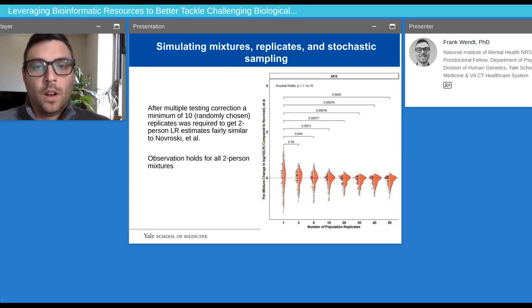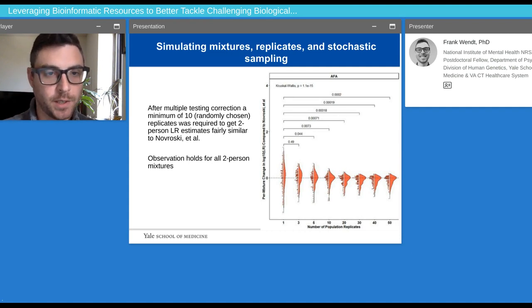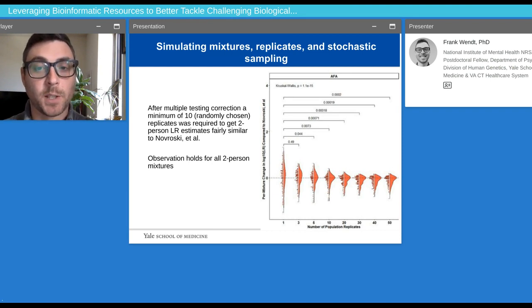However, I'm only showing the AFA subset here just to make the point more clear. After multiple testing correction, we identify that this choice of 10 replicate populations going into your mixture study is where we seem to converge on the narrowest distribution relative to the original distribution.